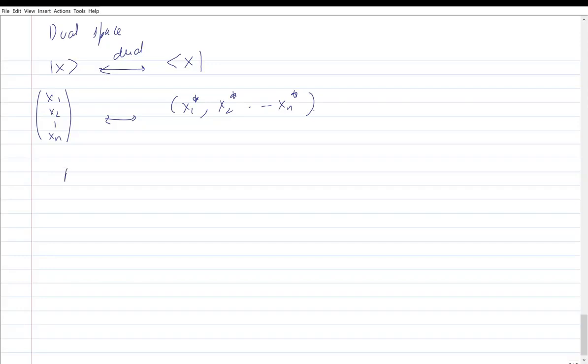Similarly, for an operator, let's say I hit this vector with this operator, this is going to result in a vector that's going to be dual of another vector which I represent by this symbol over here. We'll see a dagger, you can verify also, will be the complex conjugate transpose by construction.